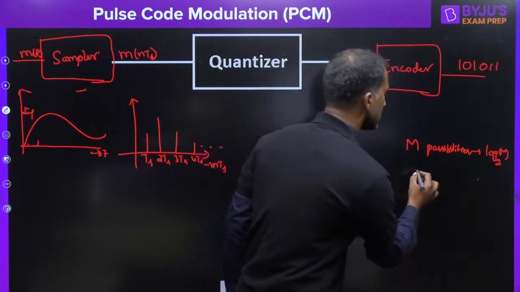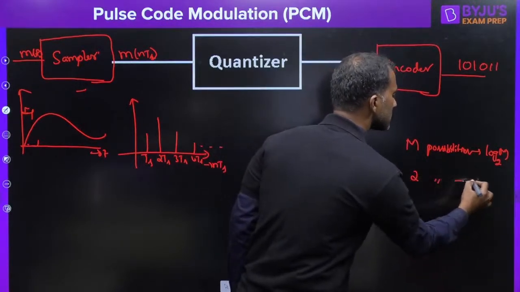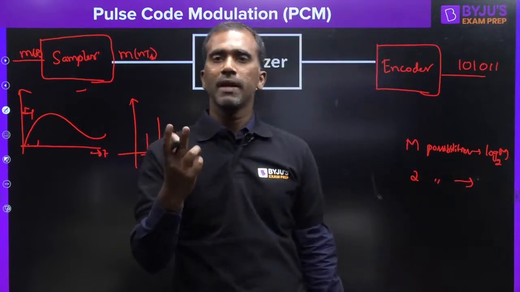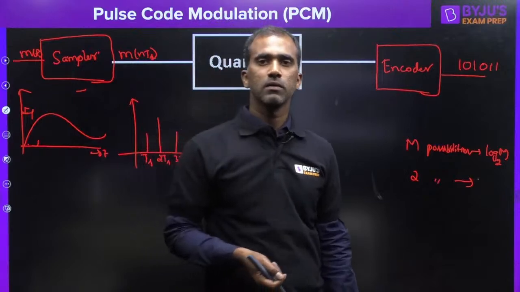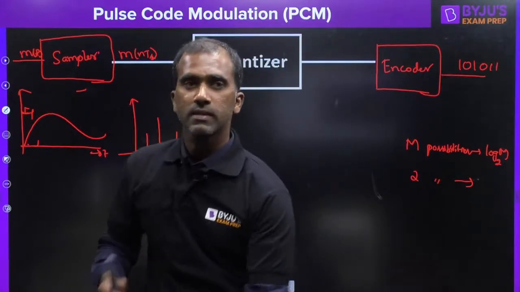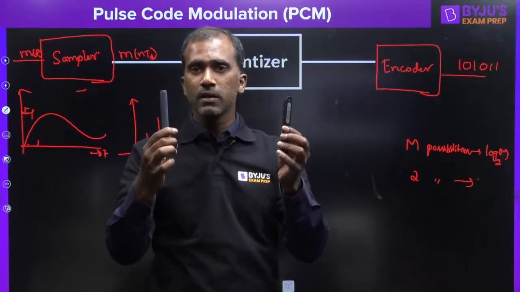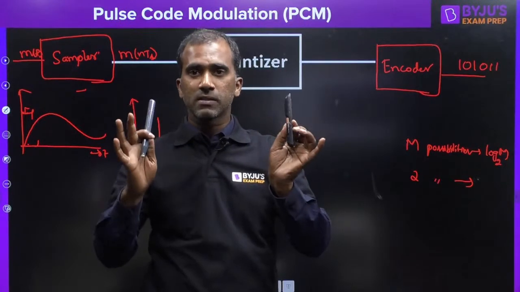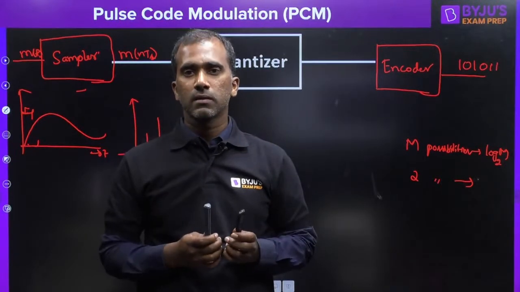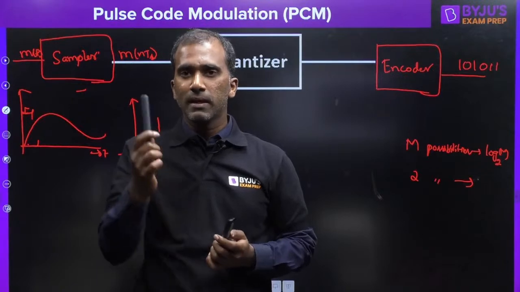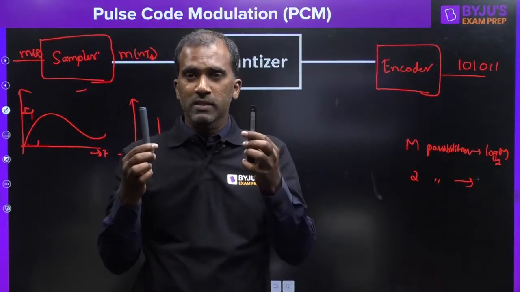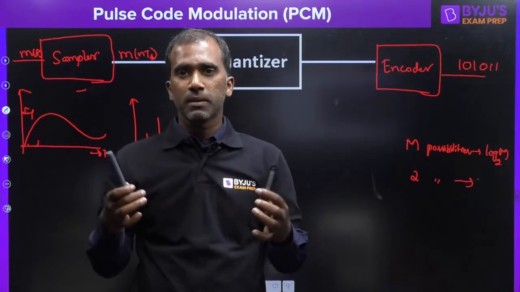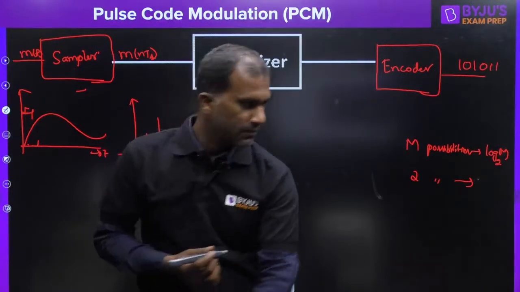I'll just give you simple things. If there are two things and you want to name them using bits, how many bits are required? One bit is sufficient, no? I can name this as 0, I can name this as 1. If there are two possibilities, one bit is sufficient to differentiate them.